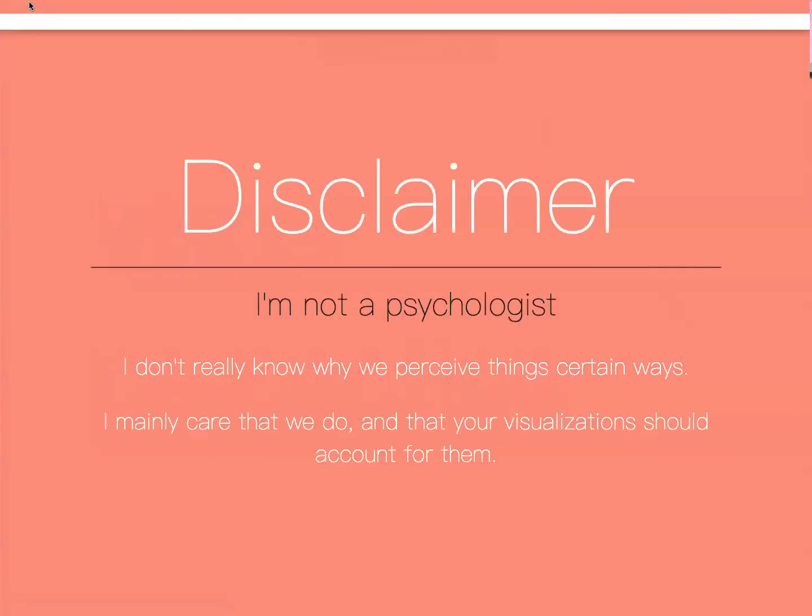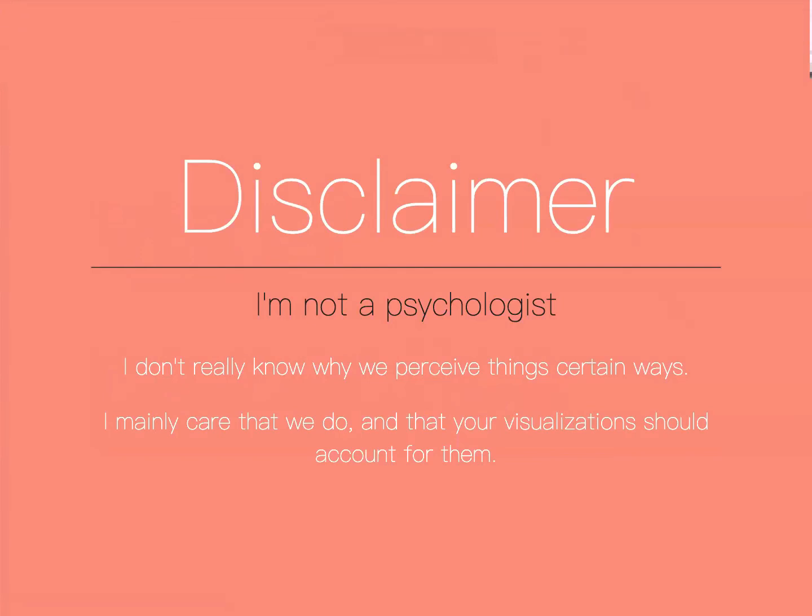All right, I always like to have this disclaimer on this one because I am not a psychologist, and I very regularly have a lot of psychologists in the room when I'm giving this talk. So I don't really know why we perceive things the way that we do. That's not something I study, right? But I mainly care that we do perceive things certain ways and that your visualization should account for them, okay?